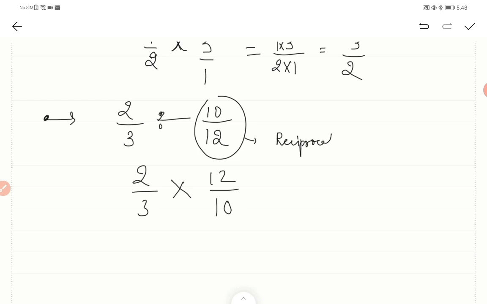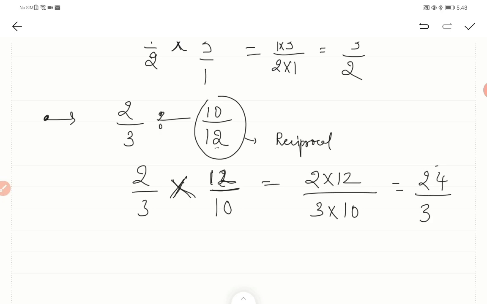In a reciprocal, the numerator will become the denominator and the denominator will become the numerator. Now just multiplication: numerator with numerator, denominator with denominator. So this will be 24 divided by 30. 12 2s are 24, 10 3s are 30.